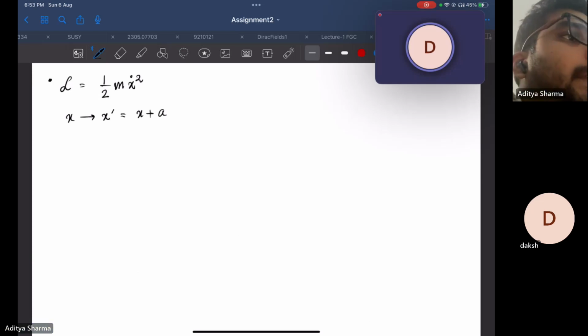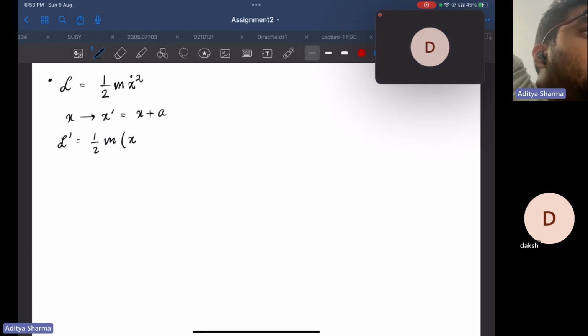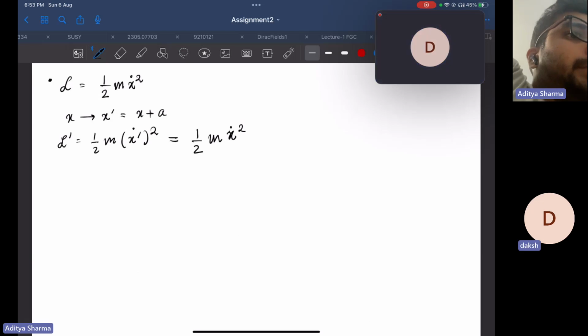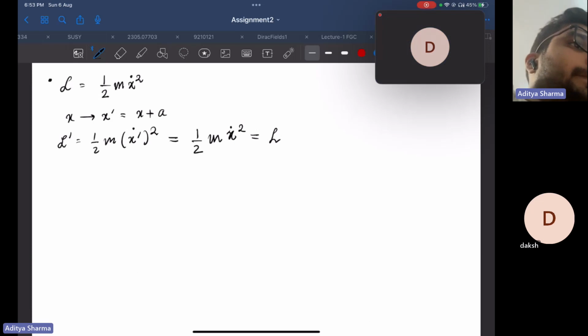Does the Lagrangian change? The new Lagrangian is half m x prime dot squared, and this is nothing but half m x dot squared. This is the same as the old Lagrangian, right?